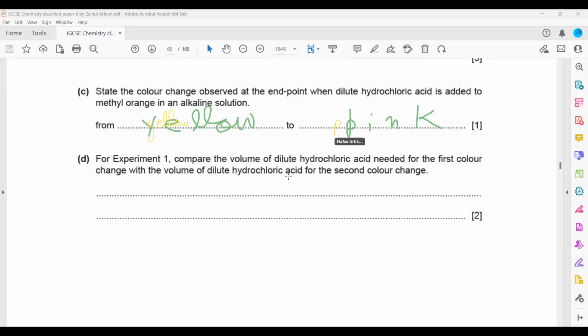For experiment 1, compare the volume of hydrochloric acid needed for the first color change with the hydrochloric acid for the second color change. So we want to compare the volume needed for a color change.